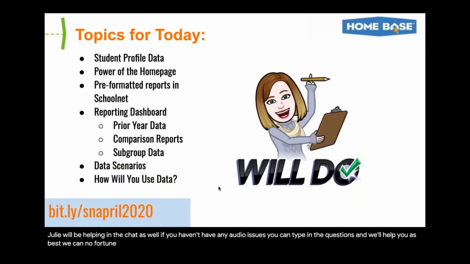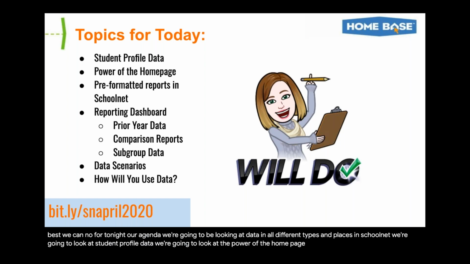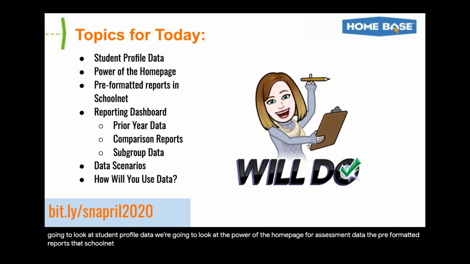So for tonight, our agenda, we're going to be looking at data in all different types and places in Schoolnet. We're going to look at student profile data. We're going to look at the power of the homepage for assessment data, the pre-formatted reports that Schoolnet automatically creates. We're going to look at our reporting dashboard where you can find data from previous years, as well as create comparison reports.